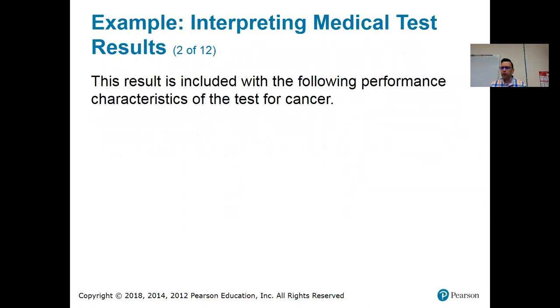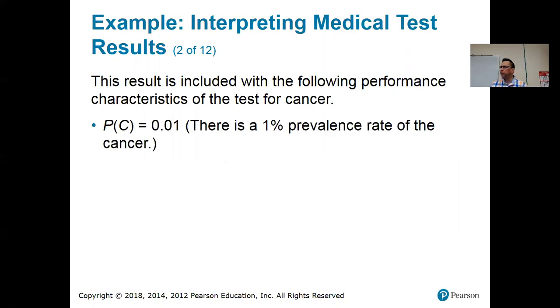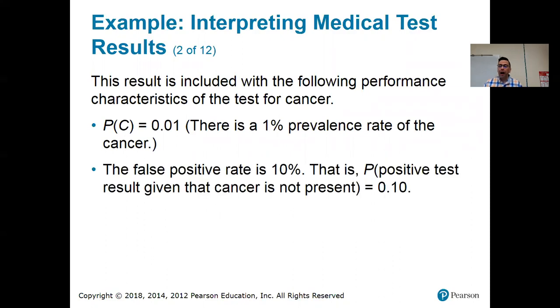This result is included with the following performance characteristics of a test for cancer. All right, so this is what they already told me. The probability that a randomly chosen person has cancer is 0.01. The false positive rate is 10%, which means the probability of getting a positive result given that cancer is not present is 0.1.